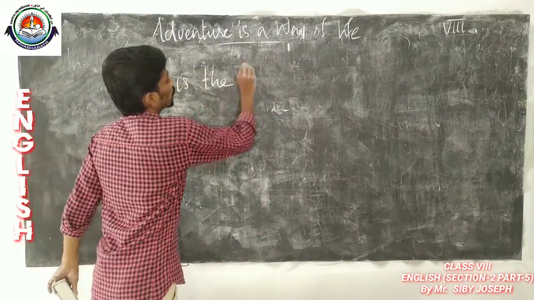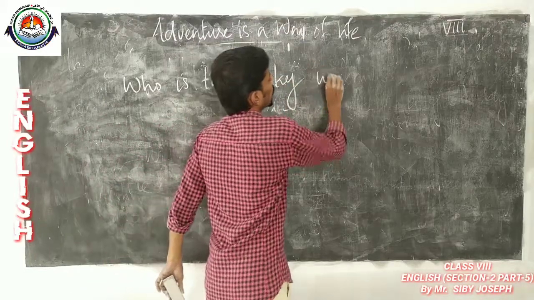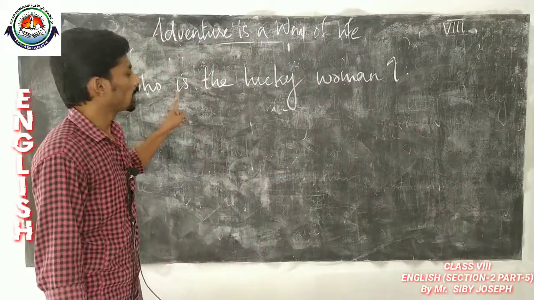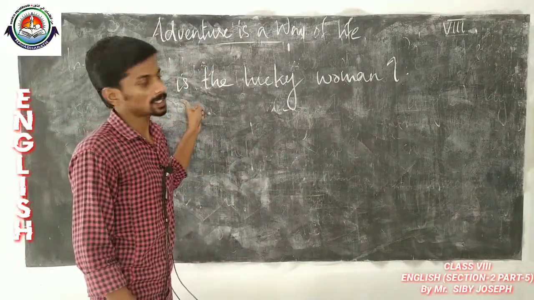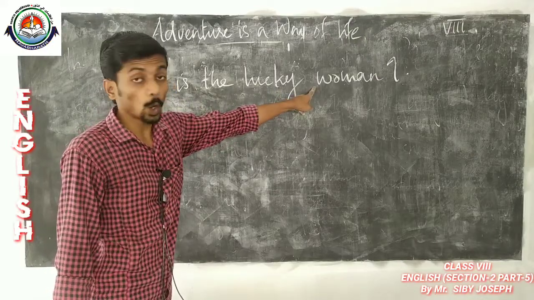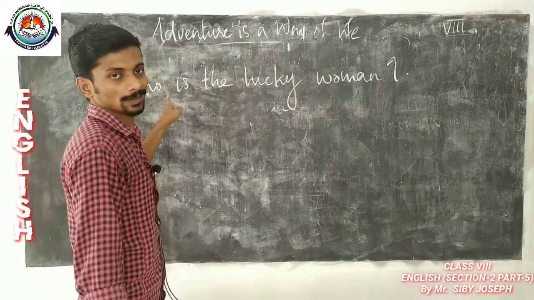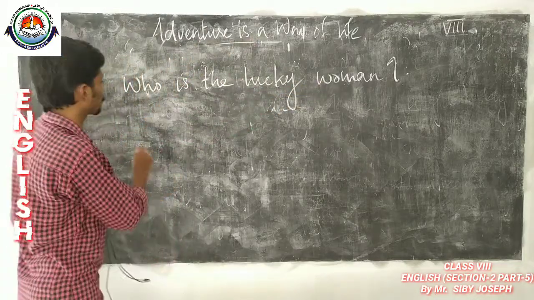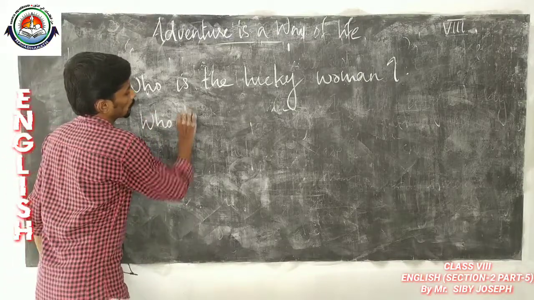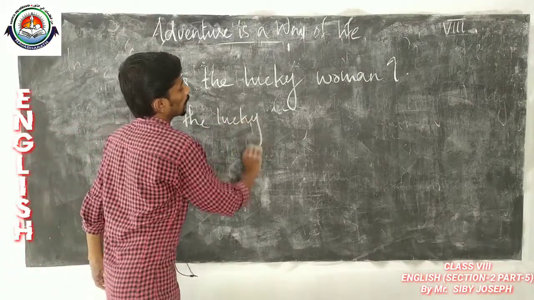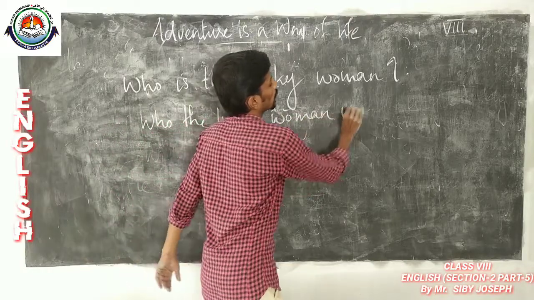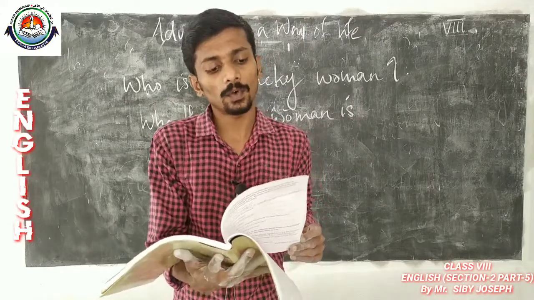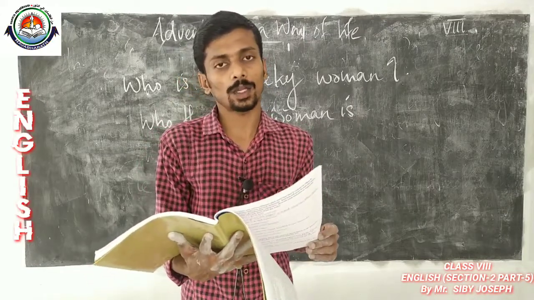Who is the lucky woman? In converting indirect questions, the subject goes before the verb. Then how will the sentence be? Who the lucky woman is. So, in that way you have to change the other 4 questions into reported speech.